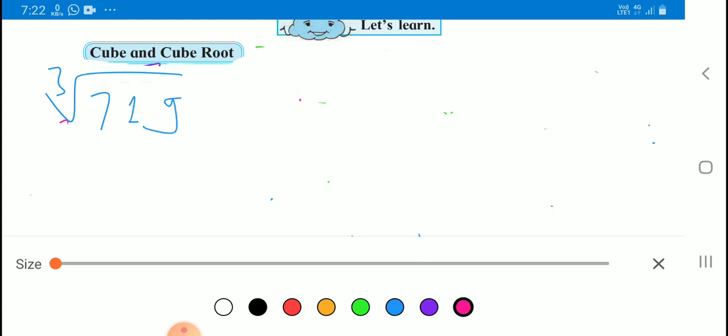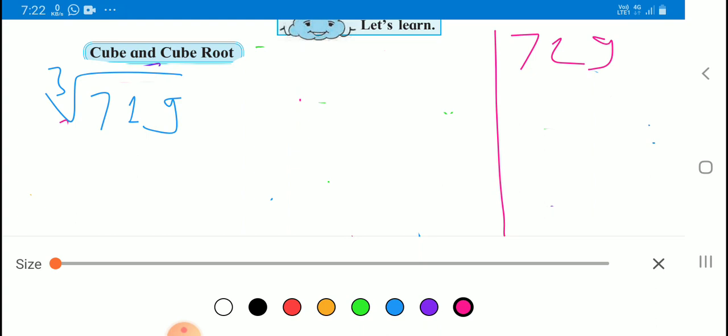Suppose I don't know any method, or I don't know it is the cube of which number. That time, look, you know the vertical method. So here write 729. Find the factors.